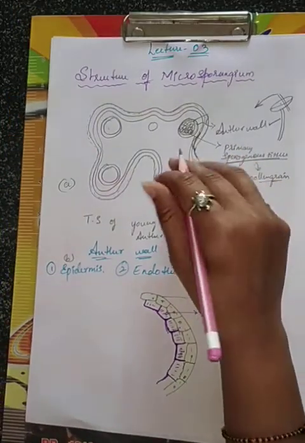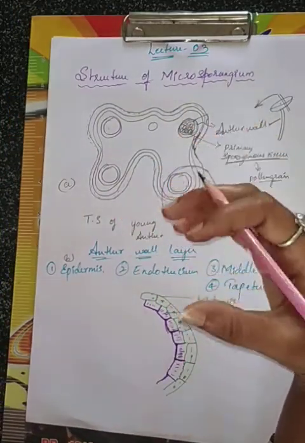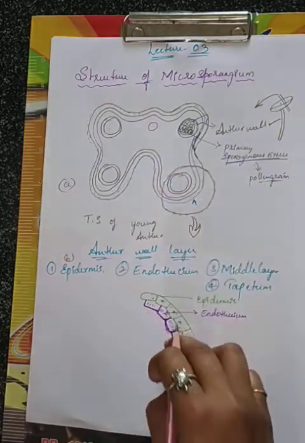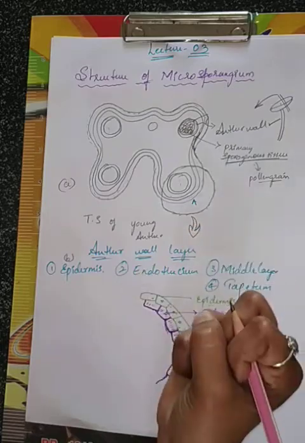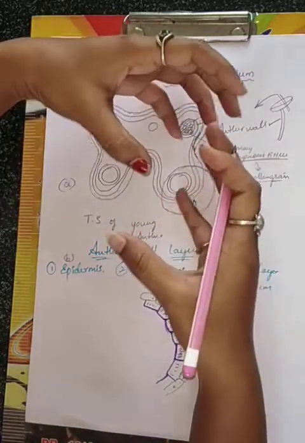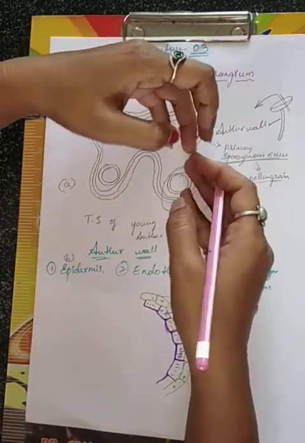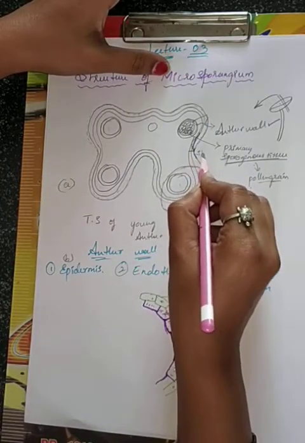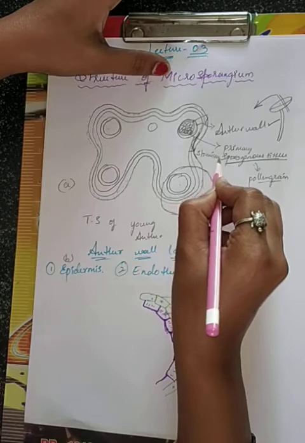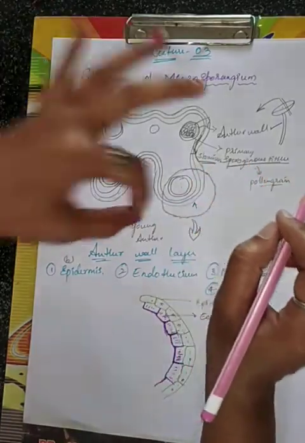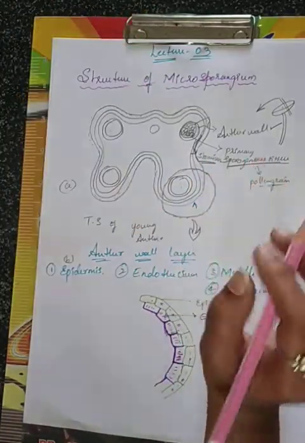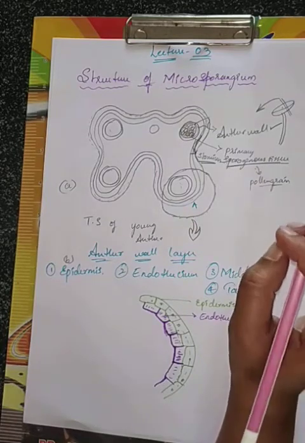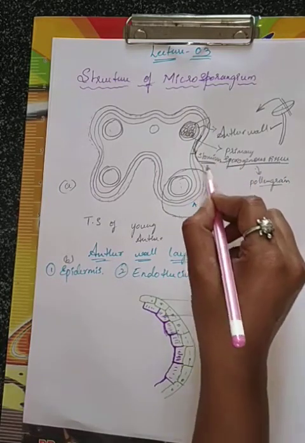Because when this anther matures, due to the absorption of water, this wall layer, the endothecium, will shrink. Due to that shrinkage and pressure, the anther splits at the stomium. This is the best function of the stomium actually, where the endothecium layer is thin.